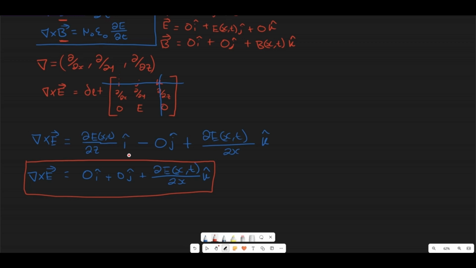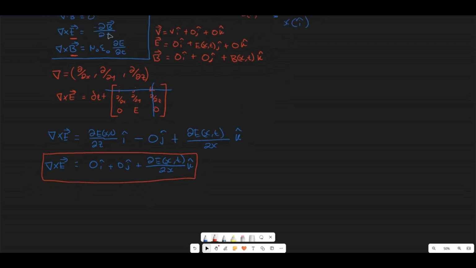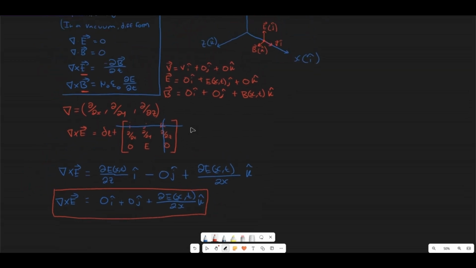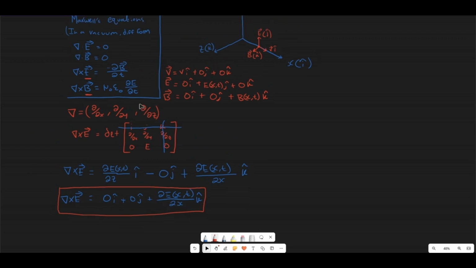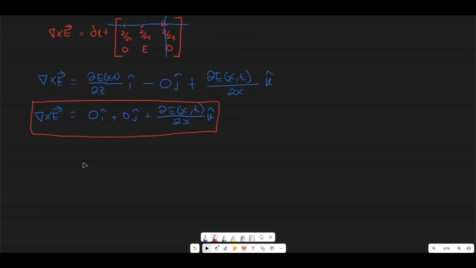Now, next what we can do is, if we go back up here, we see that this nabla cross E is equal to minus partial B by partial t. So we can go ahead and reduce this a bit more.